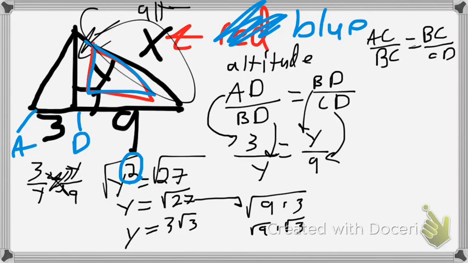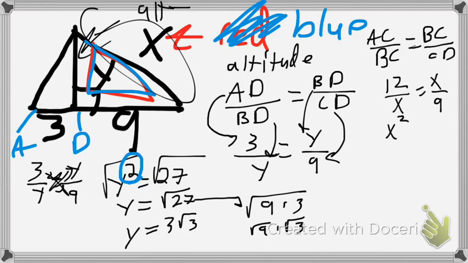We go all the way back to like week 1 in geometry, the segment addition postulate. If we know that A to D is 3 and that D to C is 9, then we know that A to C is 12. We know that BC is X, and we know that CD is 9.